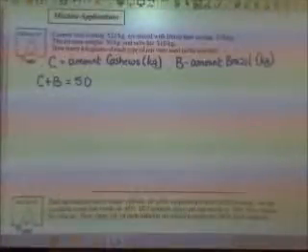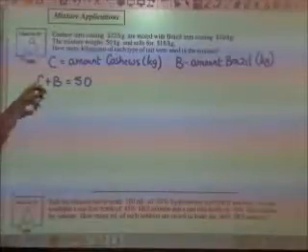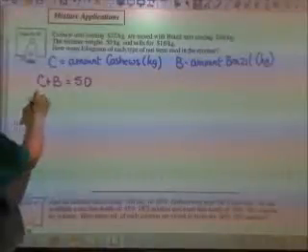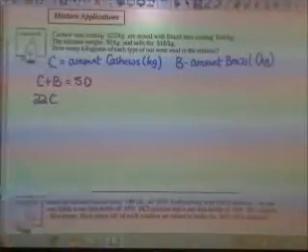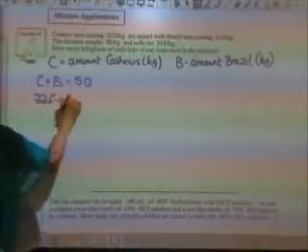Okay? What else do I know? Okay, how much it sells per kilogram. So if C is the number of kilograms for cashews, what does 22C represent? How much money per kilogram? Yeah, so if I have 3 kilograms, it would be 3 times 22. And then what would it be for the Brazil nuts?